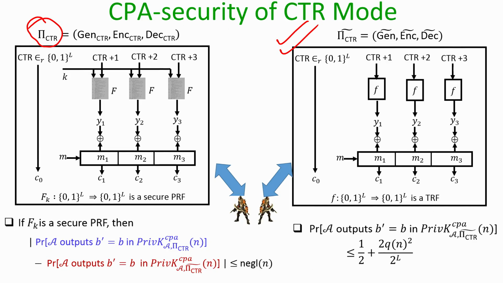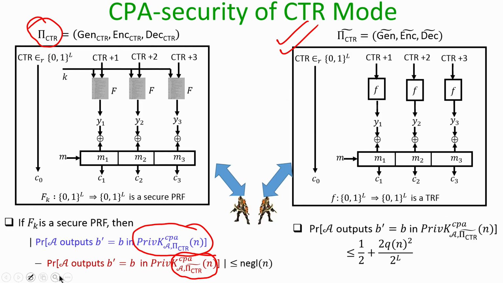So, we can use the same or a similar argument and end up showing that the difference in the adversary winning the CPA game against the actual counter mode of operation and the truly random function based counter mode of operation can be upper bounded by a negligible quantity.